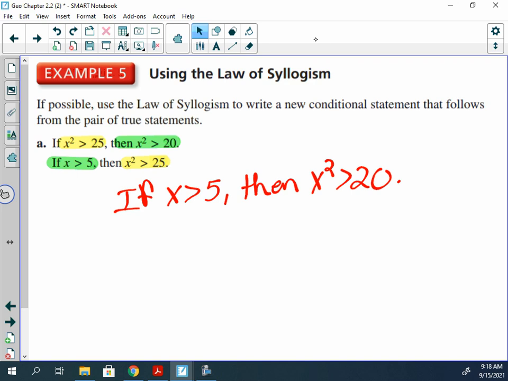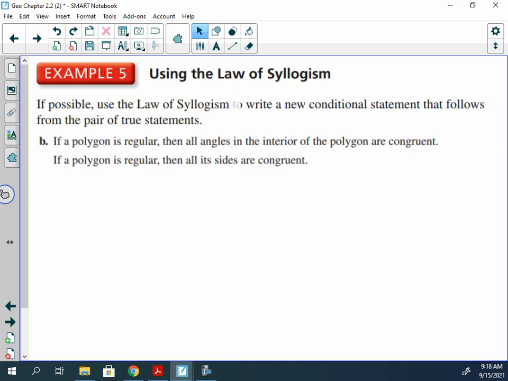If x is greater than 5, then x squared is greater than 25. Well, that works too, because 5 squared is 25. So we do have two true statements. That means we can use it. And we also have this matching up, because we need both to be able to use it. Any questions on this here? Okay.